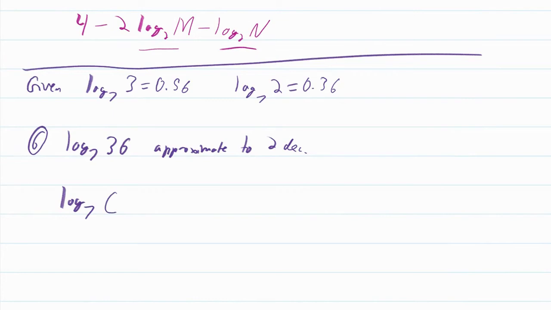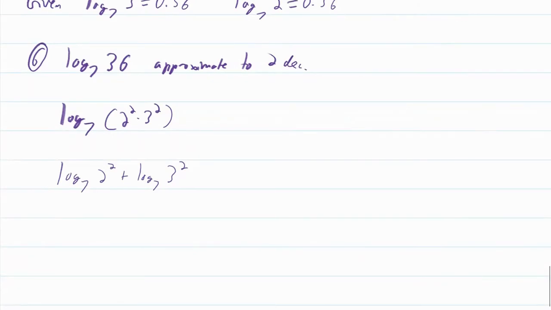I would first do a prime factorization. 36 is 4 times 9, or 2 squared times 3 squared, which is the same as the log base 7 of 2 squared plus the log base 7 of 3 squared, which is 2 times the log base 7 of 2 plus 2 times the log base 7 of 3.